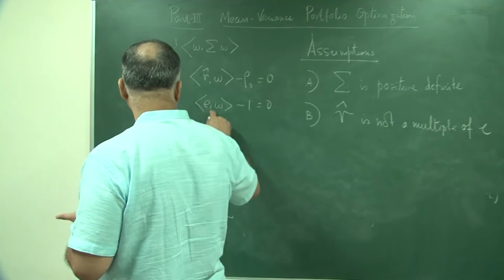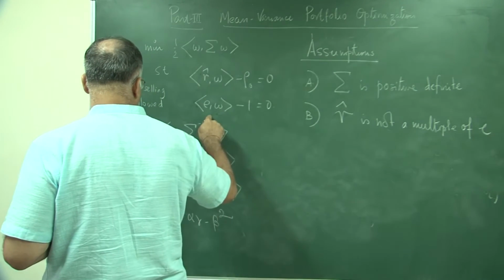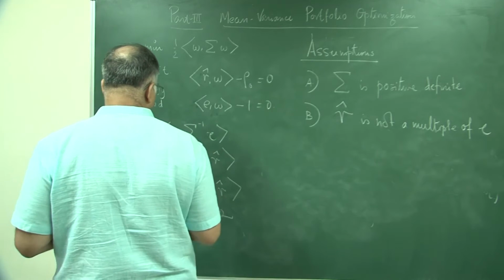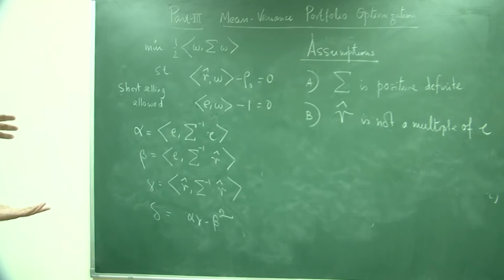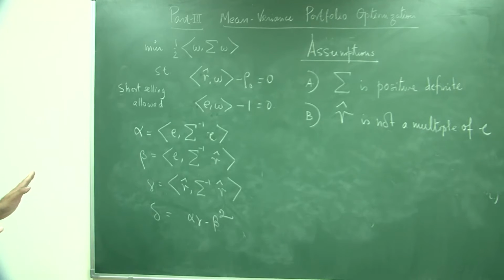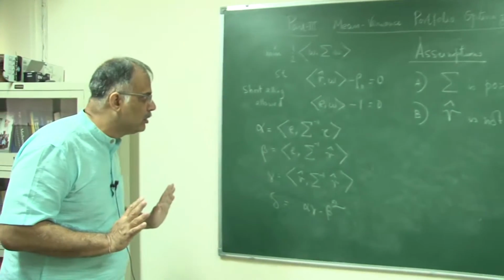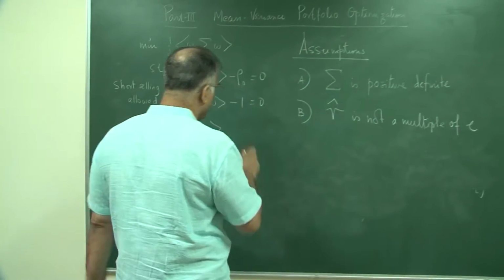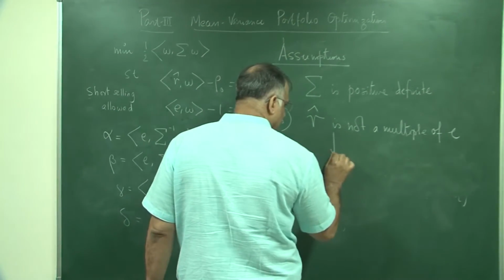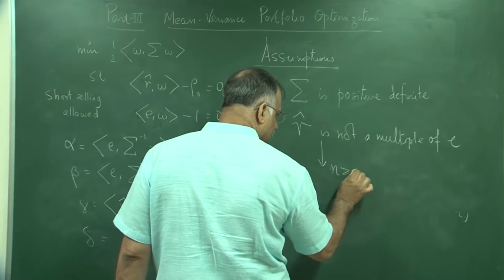So here two of them are linearly independent. n could be 2 also, so that is fine, but n cannot be 1, right? Then this problem would be trivial. So this condition says that n is always greater than or equal to 2.